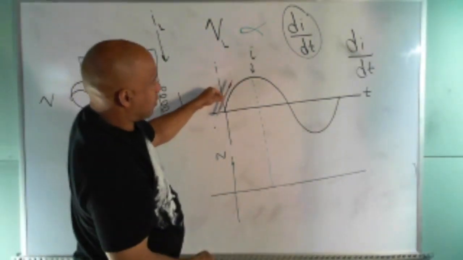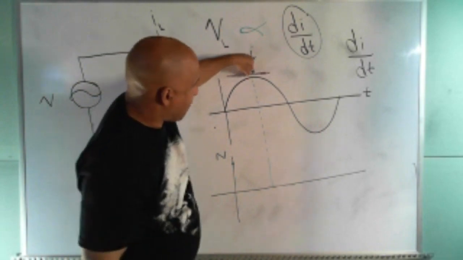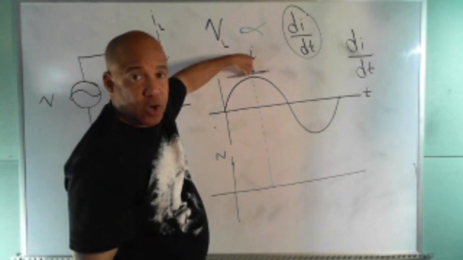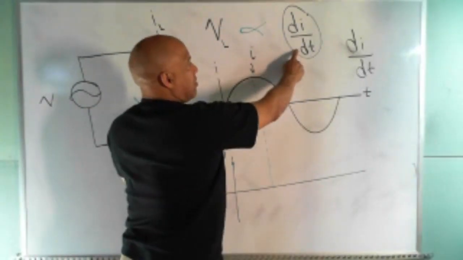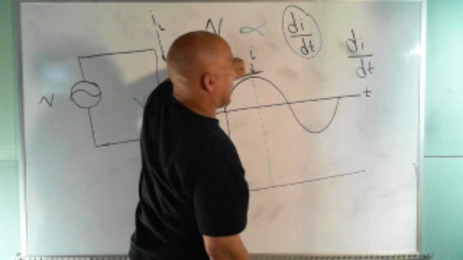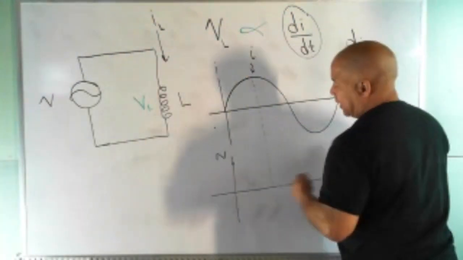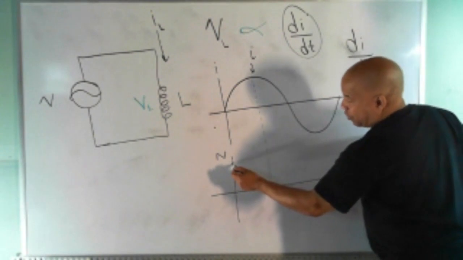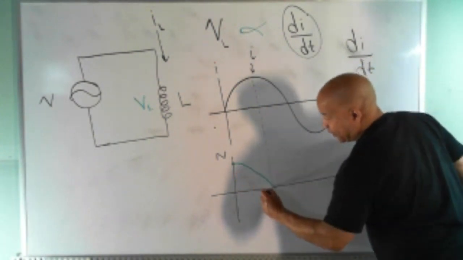As I move it towards 90 degrees, it's getting smaller and smaller and smaller. Matter of fact, at 90 degrees, my slope is 0. So this is starting from a large value. As I move towards 90 degrees, it's going down to 0, which means V is going to follow it. So V is going to start up really high, and as we move towards 90 degrees, it's going to go down to 0.